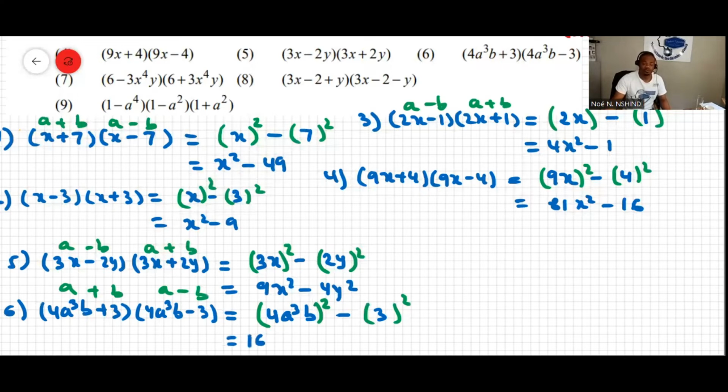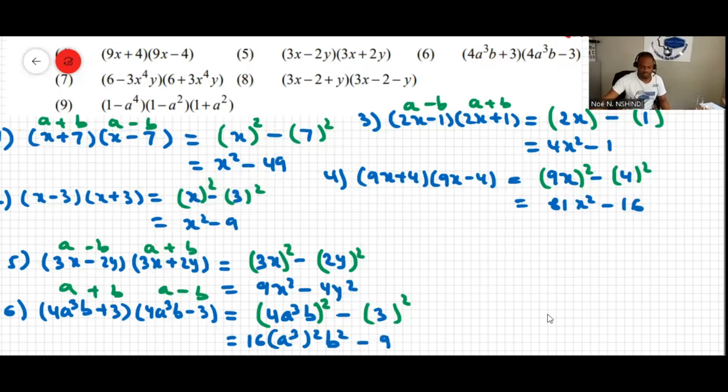The power of 2 will be on a to the power of 3. Remember, the rule says that, okay, let me first write it, it's going to be a to the power of 3 to the power of 2, and then b squared minus 9.